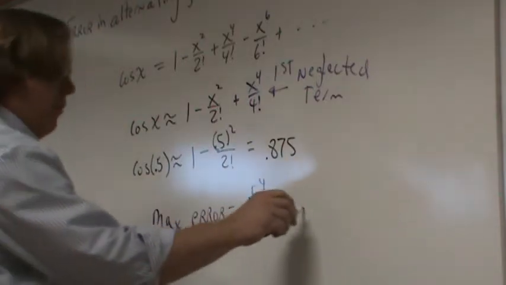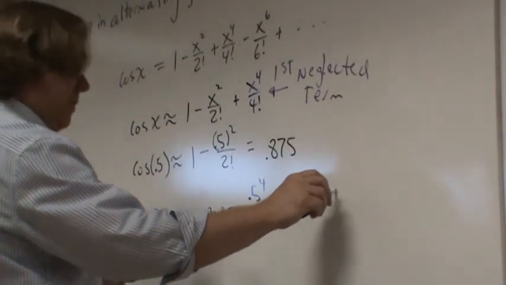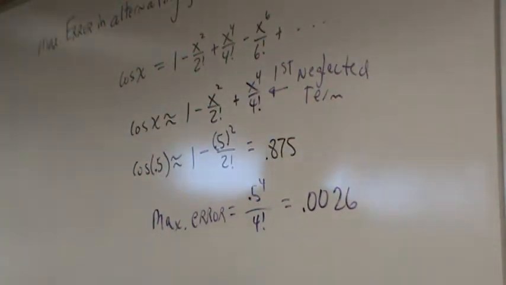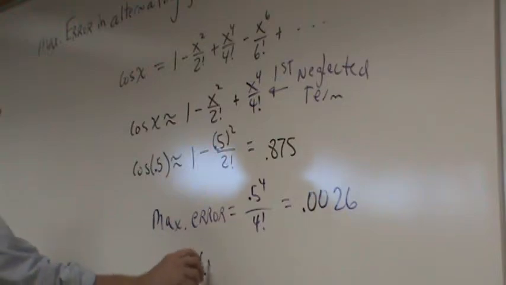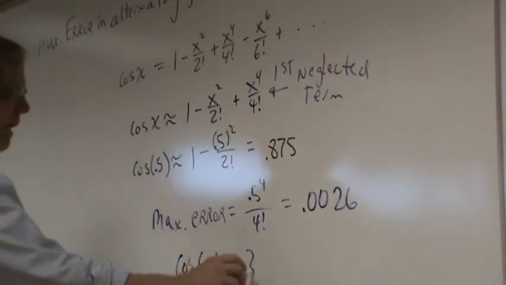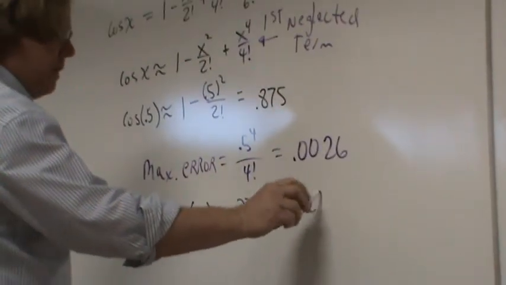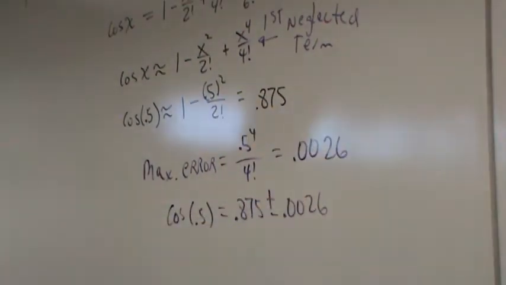So I got 0.0026, okay? So the cosine of 0.5 is going to be 0.875 plus or minus 0.0026. That's what it is. First neglected term.